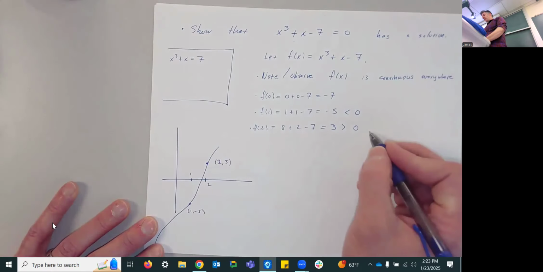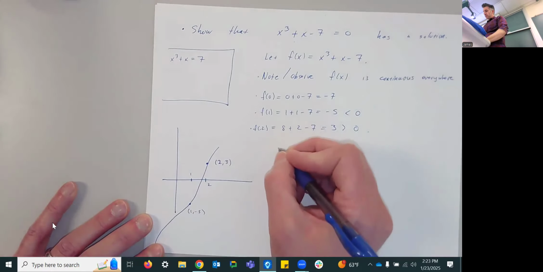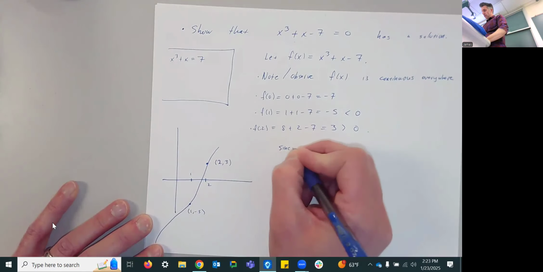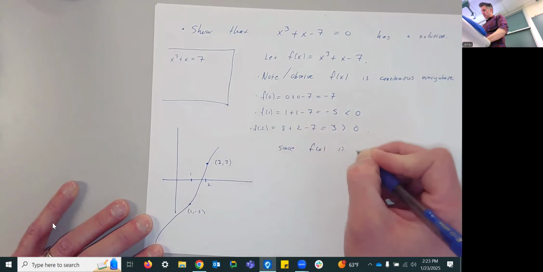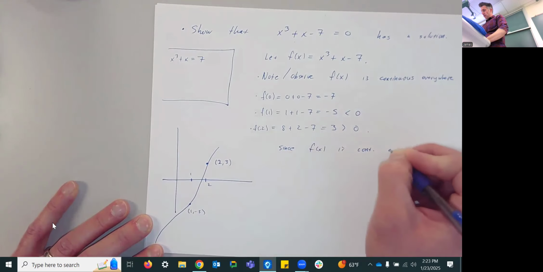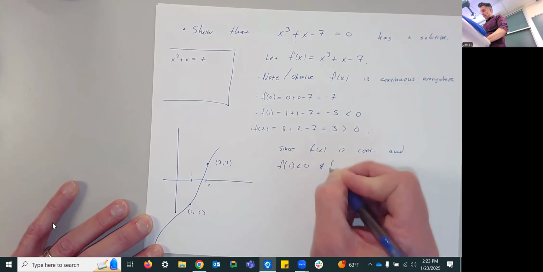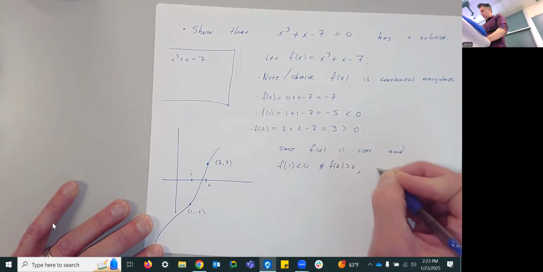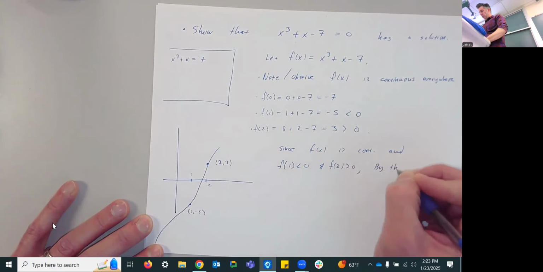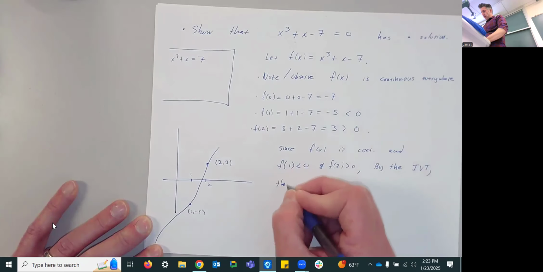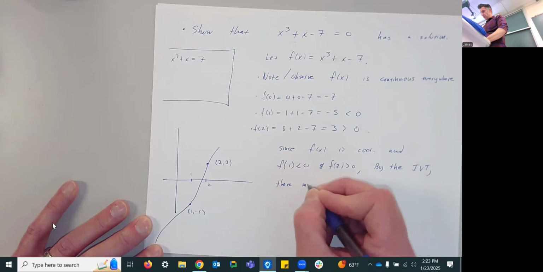So then I would write some words. What words would I write here? So since f of x is continuous and f of 1 is negative, f of 2 is positive, we can say that by the intermediate value theorem, which I should just abbreviate, there must be some number c.